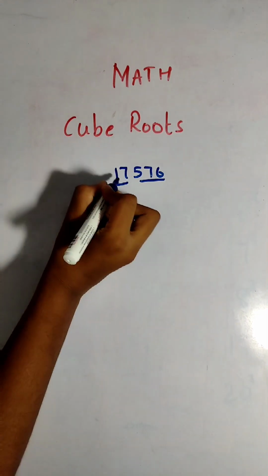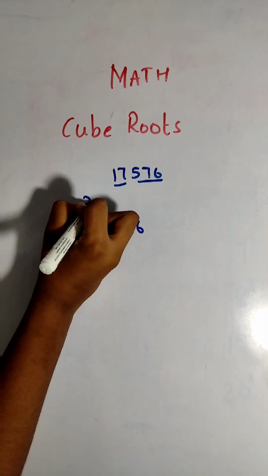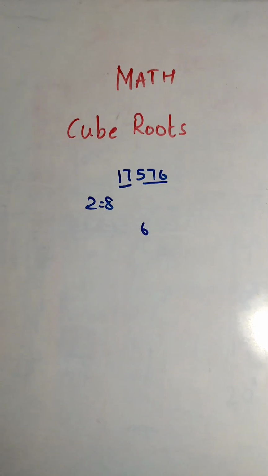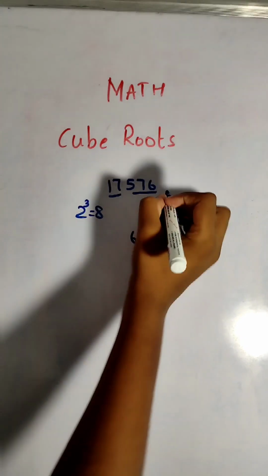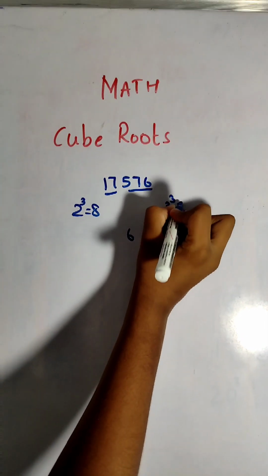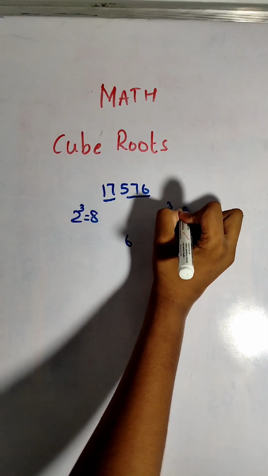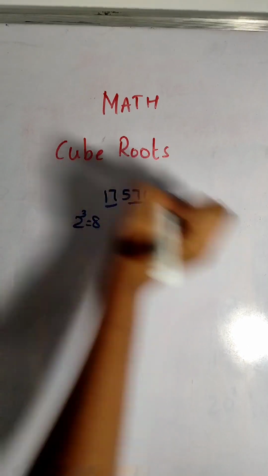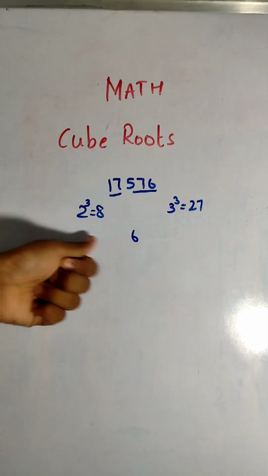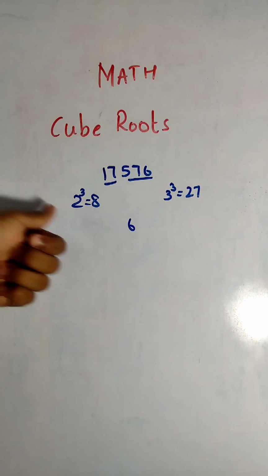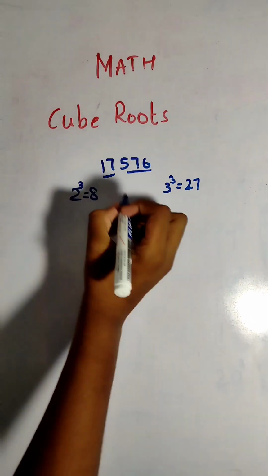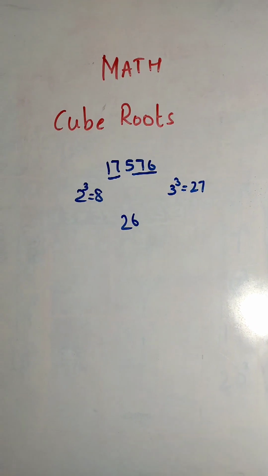So in this case, 2 cube is equal to 8, and 3 cube is equal to 27, and we know that 17 lies between these two cubes. So you should always remember to take the smaller number, which is 2, and just directly put it in here. This is your solution.